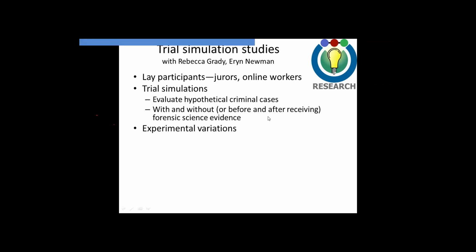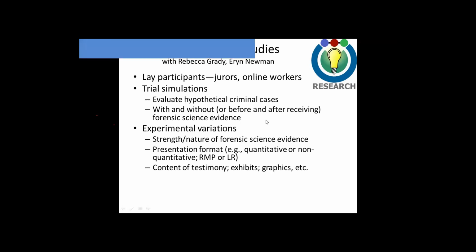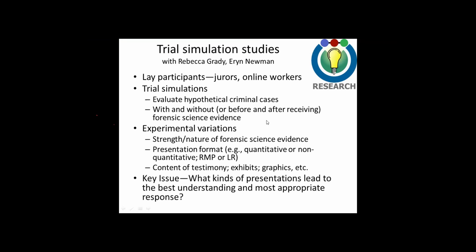In this context, a number of experimental variations are introduced. There can be variations in the strength or nature of the forensic evidence, in the presentation format, how the expert characterizes the evidence, which we'll focus on, the content of the testimony, whether it includes exhibits, graphics, and so on. And the key issue is what kind of presentations lead to the best understanding and the most appropriate response.